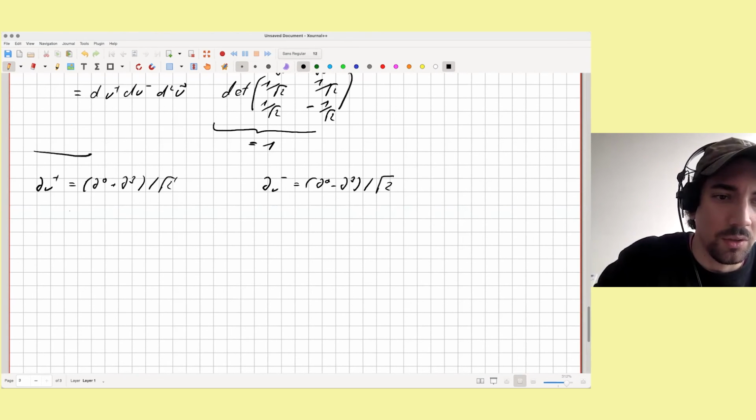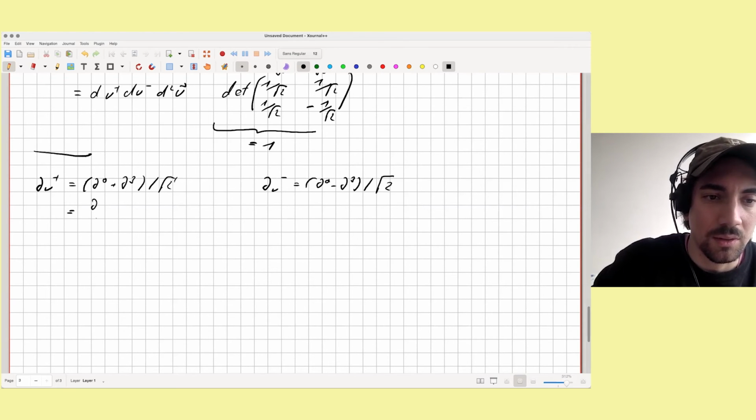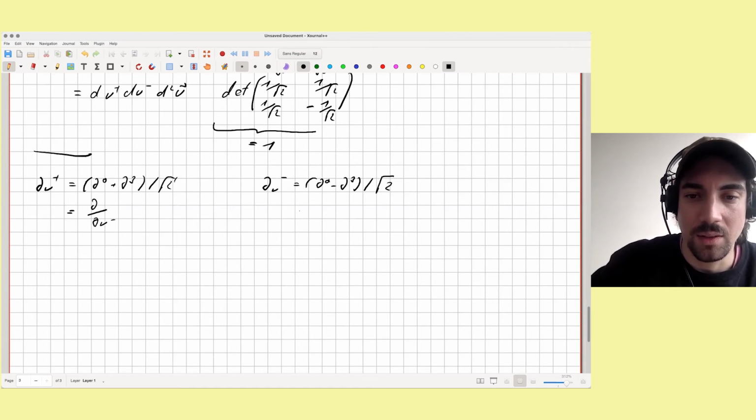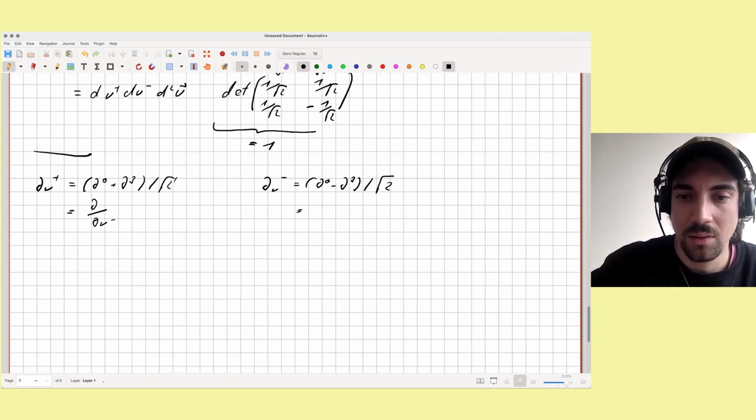And what we wanted to show is that this is actually d over d v minus, and this here is d over d v plus.